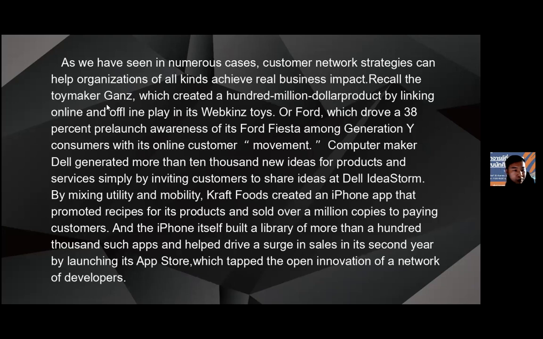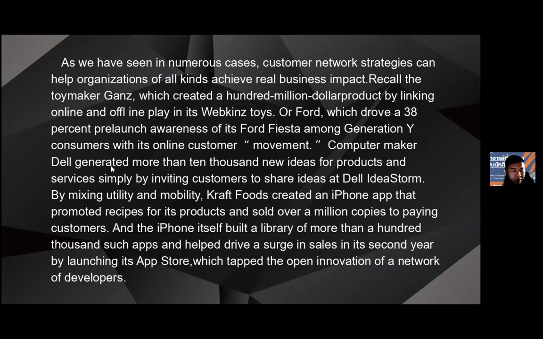Recall the toy maker Genzi, which creates a $100 million product by linking online and offline play in its Weibo Kids toys, or food, which dropped 33% per launch awareness of its food featured among nationwide consumers with its online consumer movement.